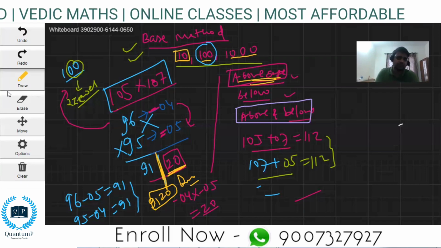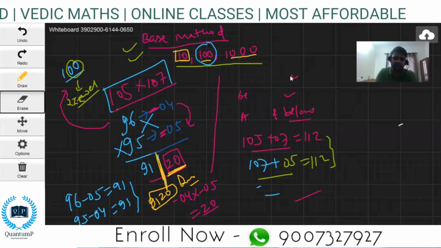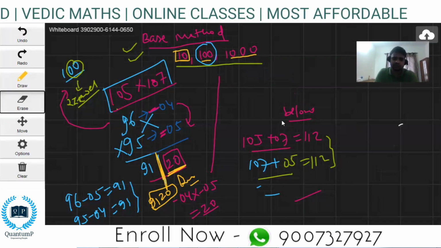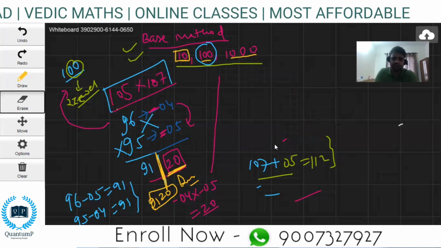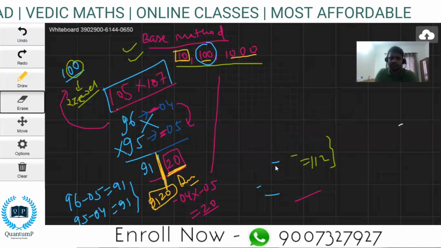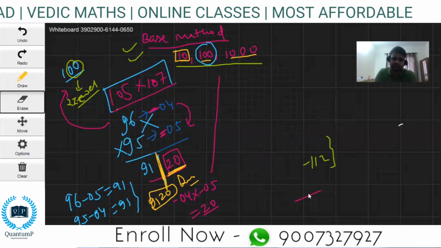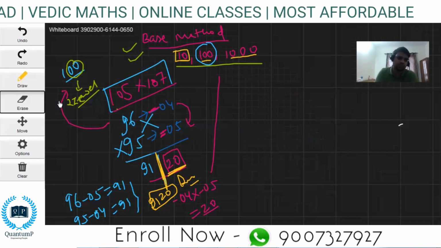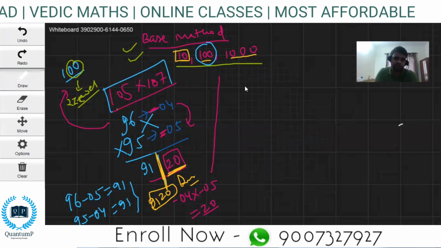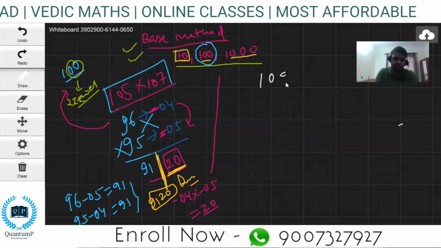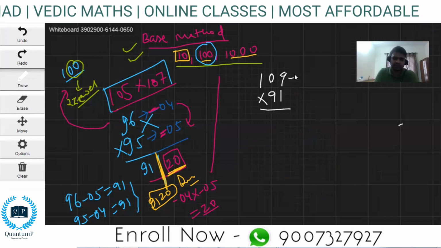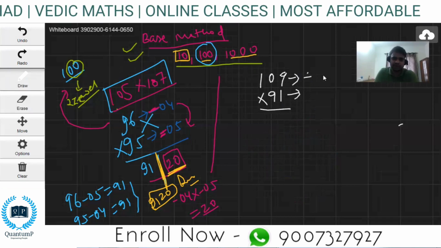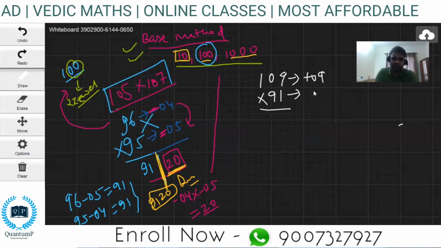Now I'm going to do the next one, which is above and below. As I told you, in the above and below, one will be plus and one will be minus. So let's have one example. Suppose we're multiplying 109 and 891. One is plus 09 and another one is minus 09, right?